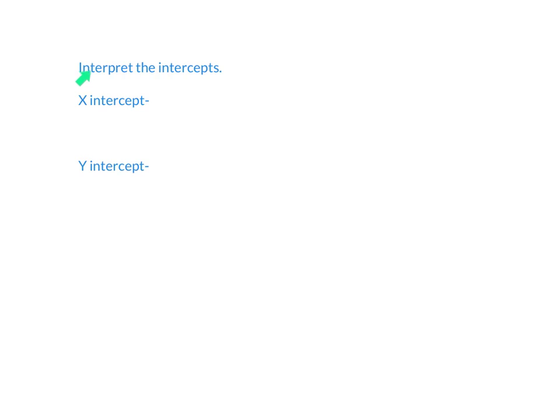The next task is to interpret the intercepts. My x-intercept is 5, 0. Remember that ordered pairs always go x, y. And in this situation, x equals entrees and y equals sodas. So what this intercept tells me is x, which is entrees, is 5, and y, which is sodas, is 0.